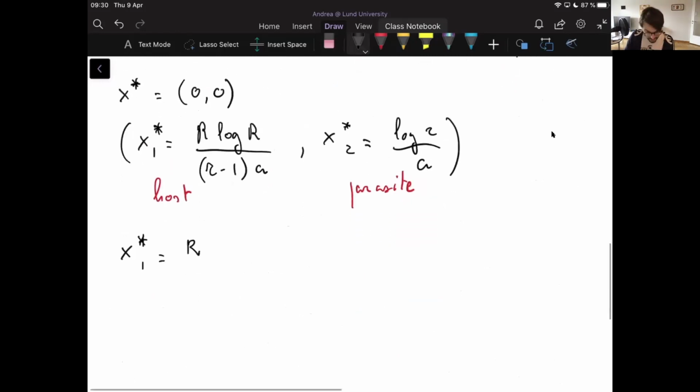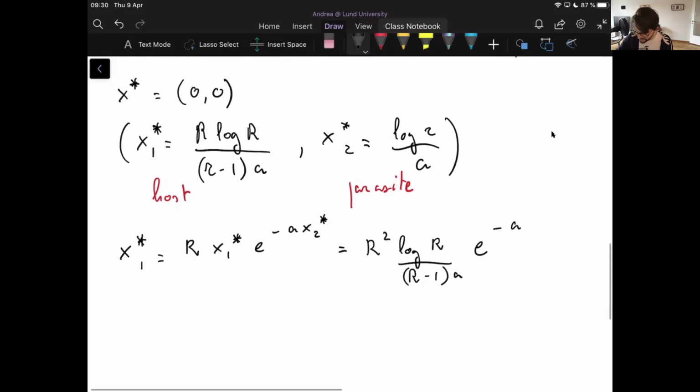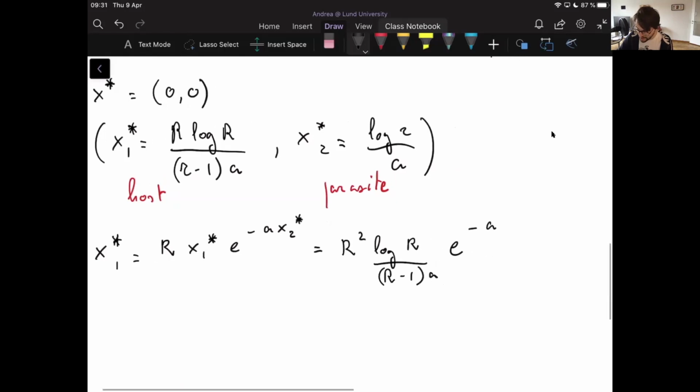Okay, so this is big R, x1 star e to the minus a x2 star. This is equal to, if we consider this r log r over r minus 1, then this is r squared log of r divided by (r minus 1) a, and then e to the power of minus a times x2, and the x2 is just log r divided by a.